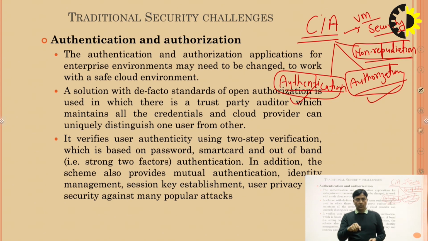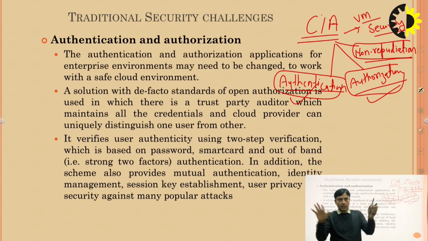Once more, I want to clarify this difference. Authentication is the process of ensuring the identity of a person. That means that person is part of the system. For example, a student is coming to the college by the gate, and the guard checks the I card. If that is verified, that means that particular student is part of this college and can enter the college campus.